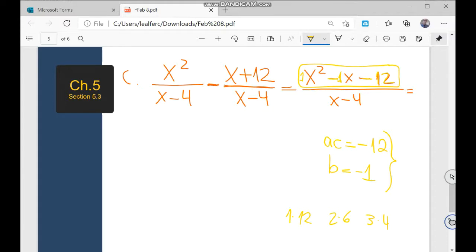The pair that we can also add or subtract to find negative 1 is not this, not this, only this, 3 and 4. Since we have negative 12, I think it's going to be negative 4 and 3, right? Negative 4 times 3 is negative 12, and negative 4 plus 3 is negative 1.